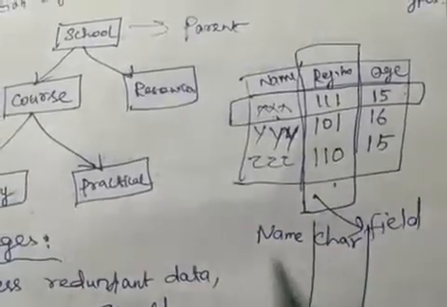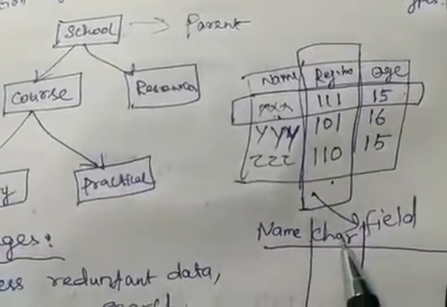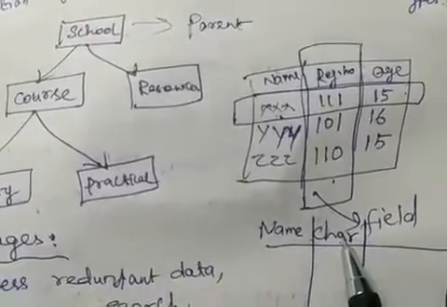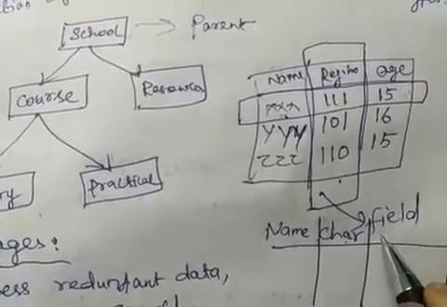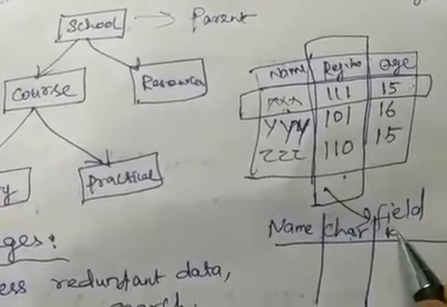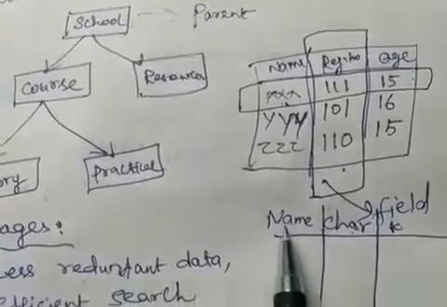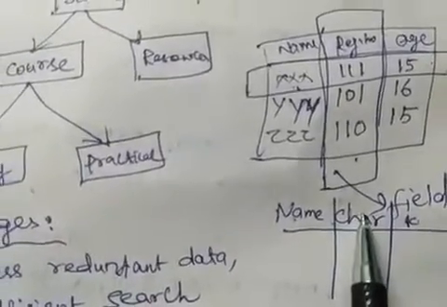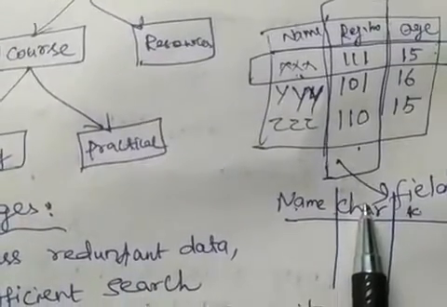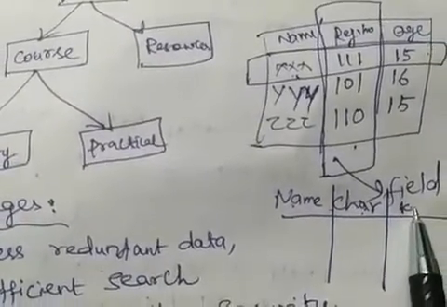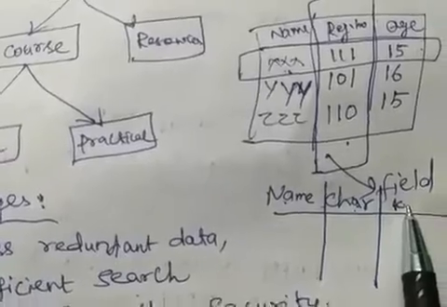This defines the data type of the field, and we can specify whether this field is the primary key or not. So key values must be specified. So the first field is name and its data type, that is, what data is going to be stored in that field, and we specify the key value, whether it is a primary key or not.